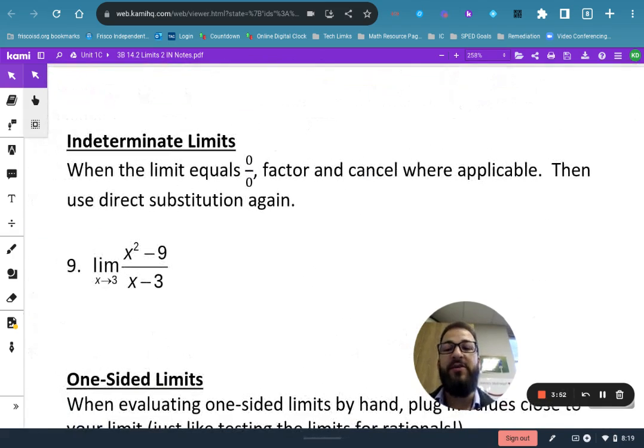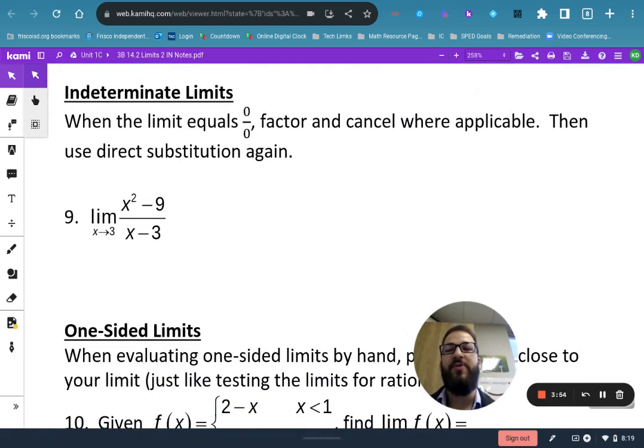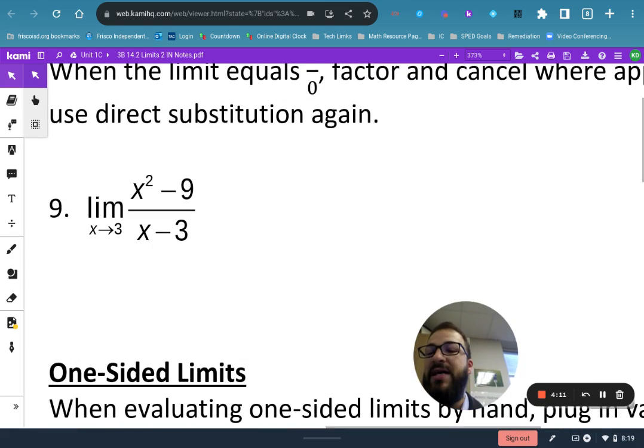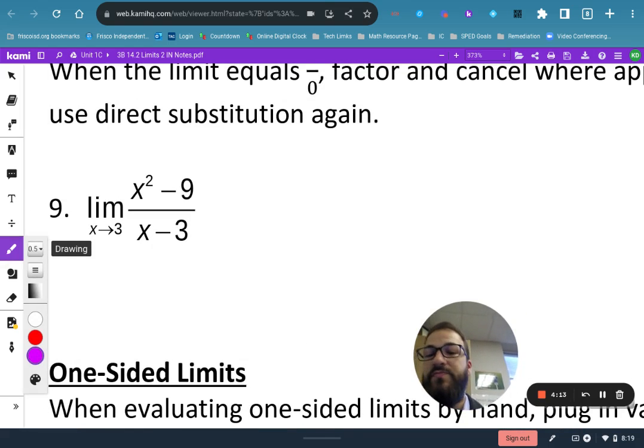Okay, so let's look at some other examples, and this one's very similar to the one that we did last class. These are what we call indeterminate limits. So when the limit is equal to 0 divided by 0, we want to factor and cancel where applicable. Then we're going to use direct substitution to try and evaluate the limit again. So number 9, we have the limit as x approaches 3 of x squared minus 9 over x minus 3.